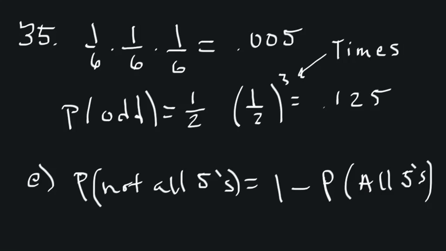It would be 1 minus what we got at the beginning, 0.005, to give me 0.995. That's 1 minus 1/6 times 1/6 times 1/6.